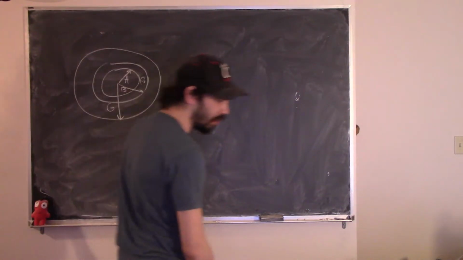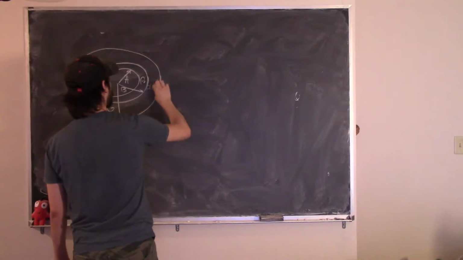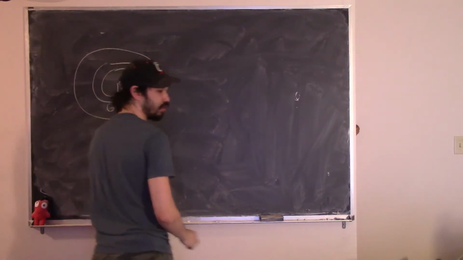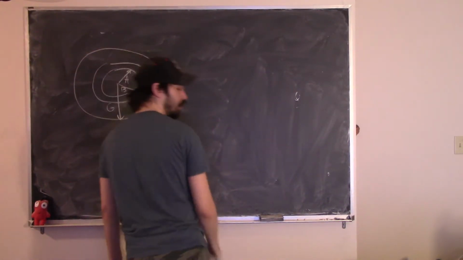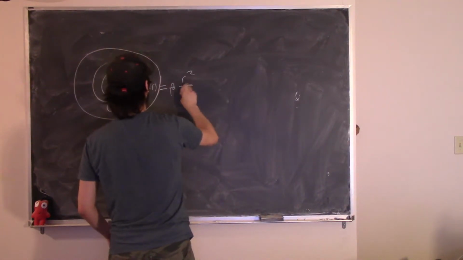And then the one on the outside is some function: rho as a function of r is equal to rho 0 times r squared divided by c squared.